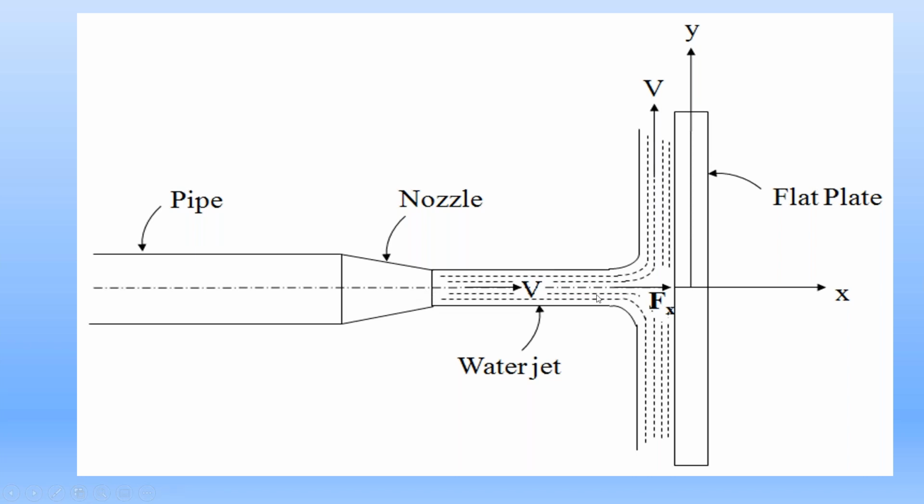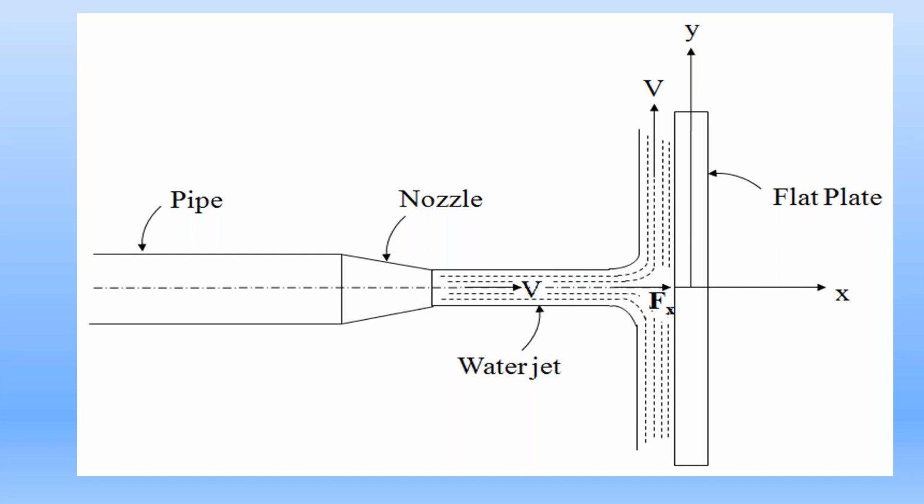Water jet is horizontal. Initial velocity v is horizontal. After the impact, the water jet is moving on the surface of the metal plate in the vertical direction. We consider the surface of the metal plate is smooth, so there is no loss of energy due to the impact of the water jet with the metal plate.